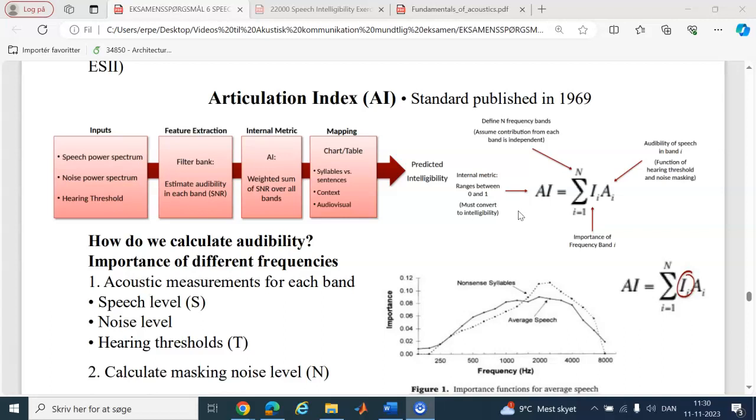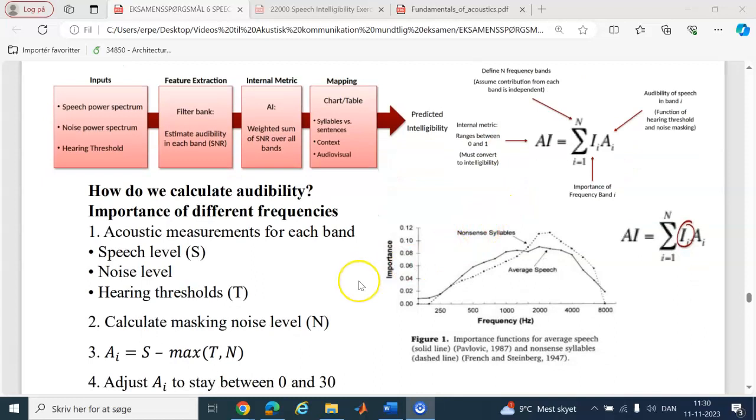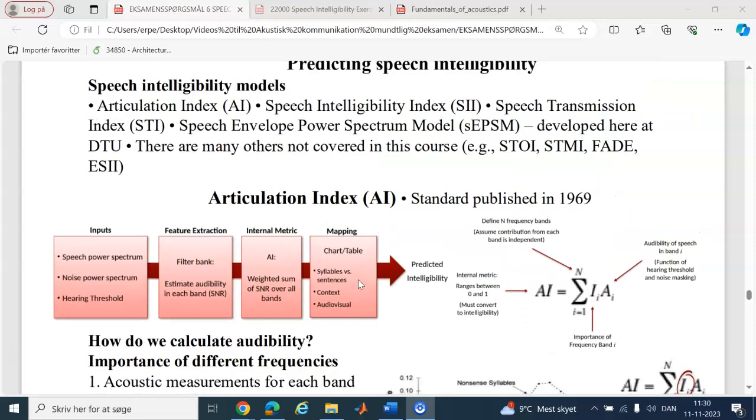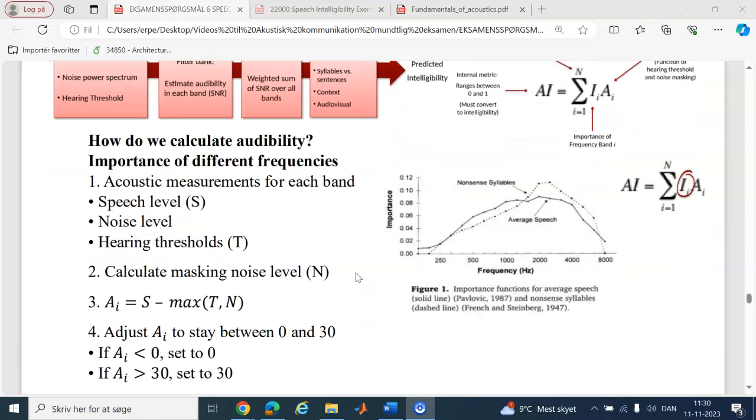Speech level S, noise level N, hearing threshold T. Then the articulation index E is the speech level minus max of T and N.